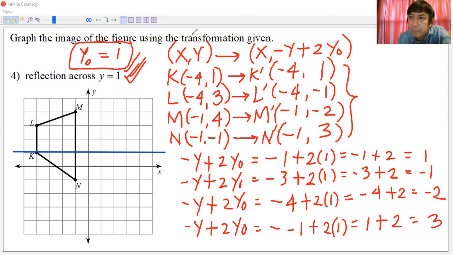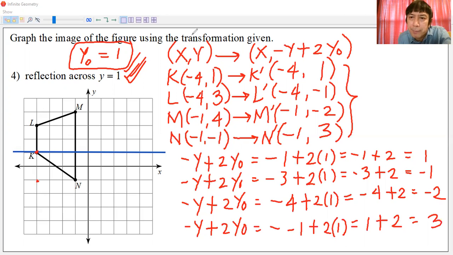Let's see the drawing. All right. Okay. So K prime is negative 4, 1. So negative 4, 1 is over here. Okay. Next is L prime. It's negative 4, negative 1. So negative 4, negative 1 must be over here. There.